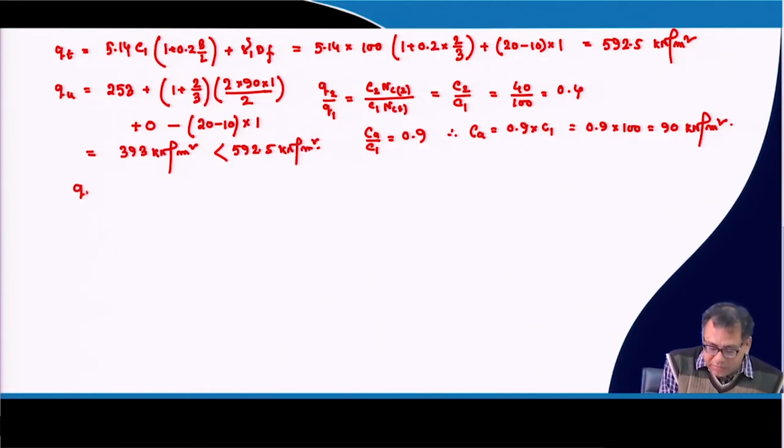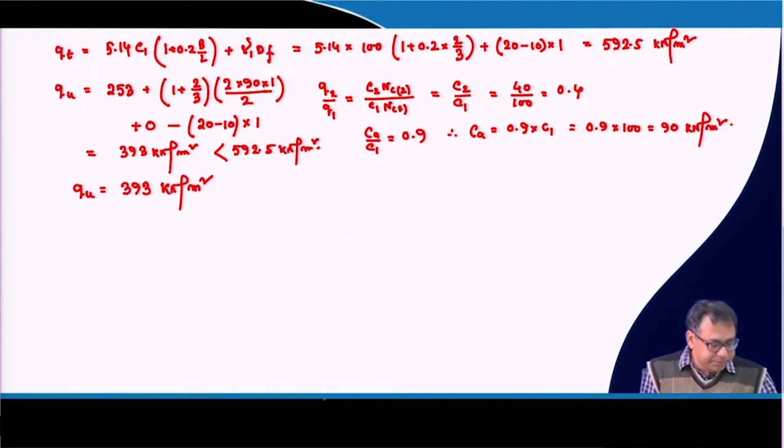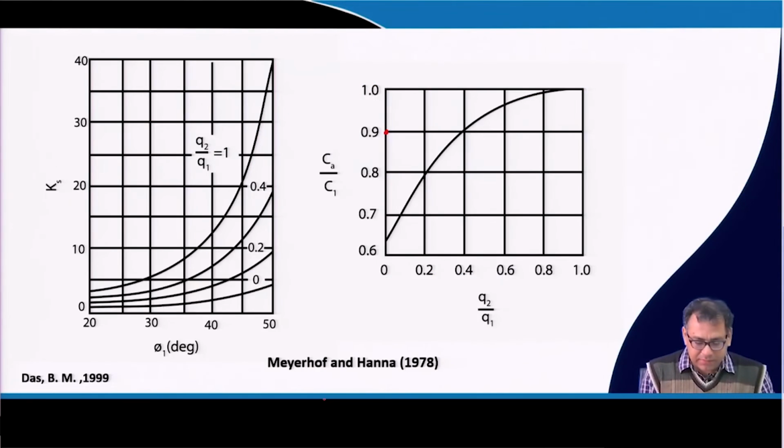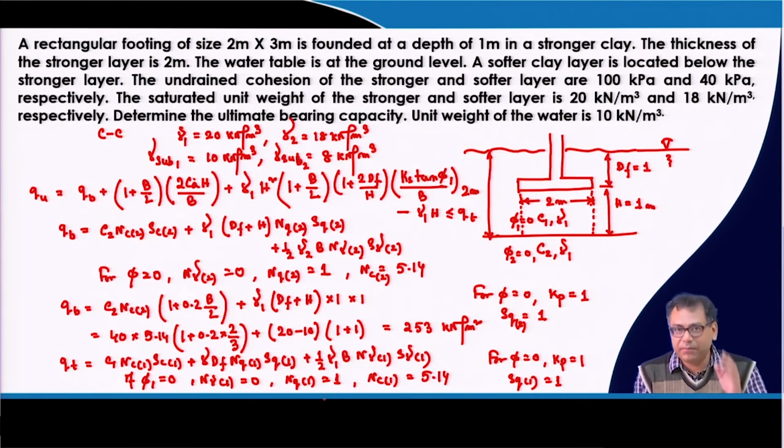So, finally, Qu will be equal to 393 kilonewton per meter square. This is the value that we get if both the soils are cohesive soil. Obviously, the equation that I have derived is valid if the lower layer is the softer layer compared to the upper layer.